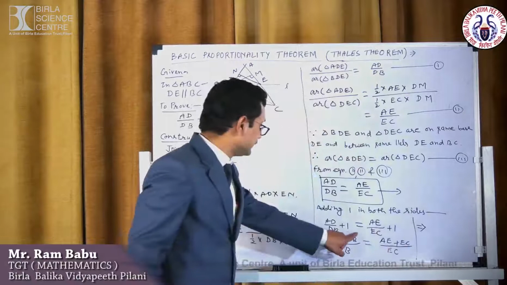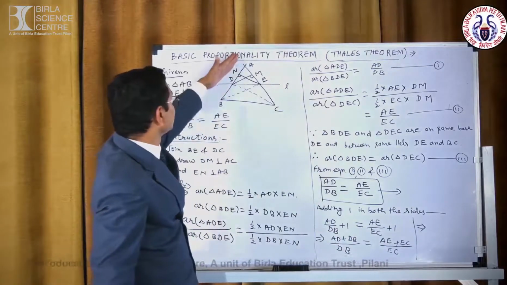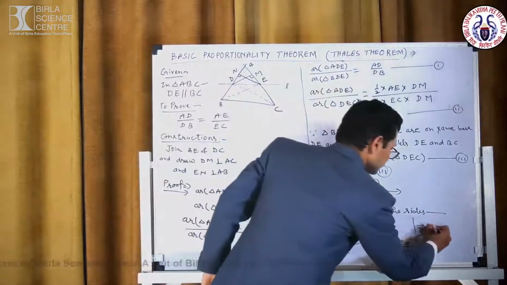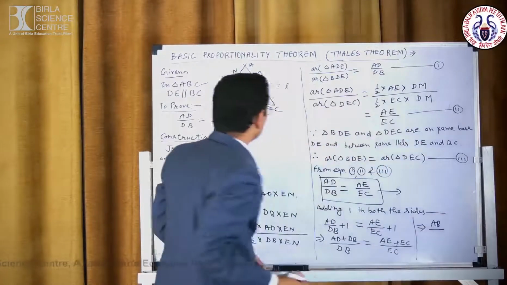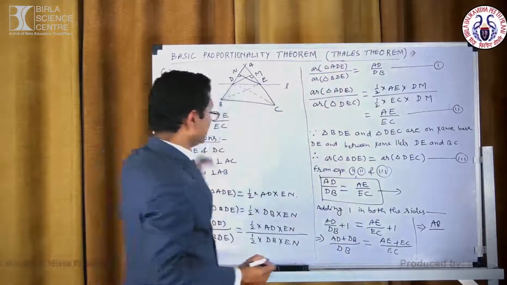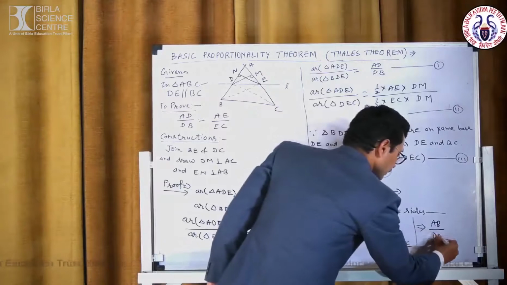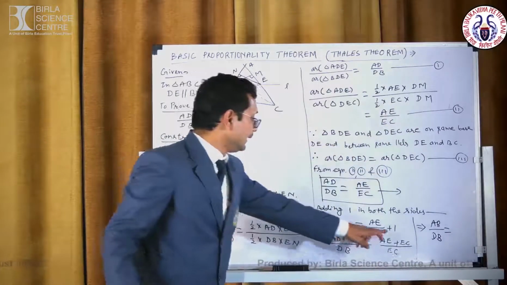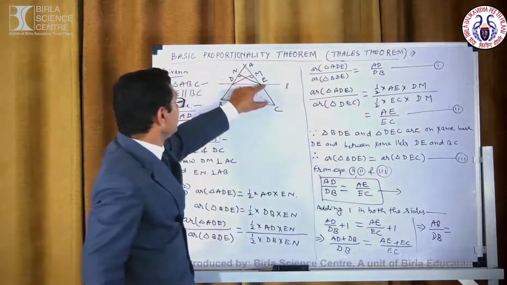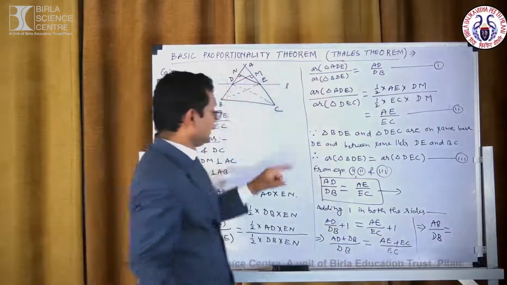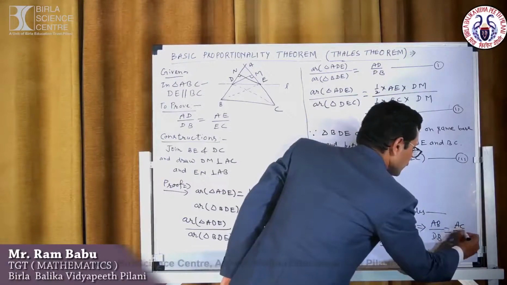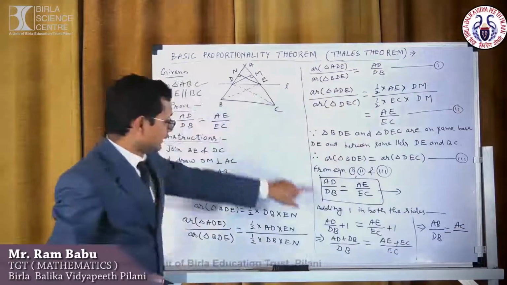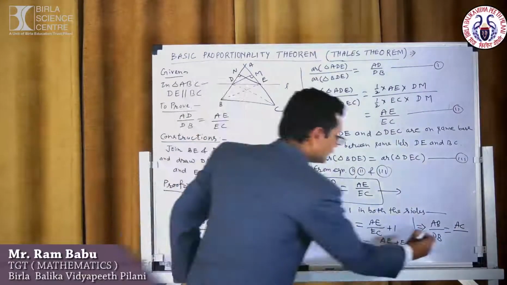And AD plus DB becomes AB upon denominator DB is equal to AE plus EC, and AE plus EC becomes AC upon denominator EC.